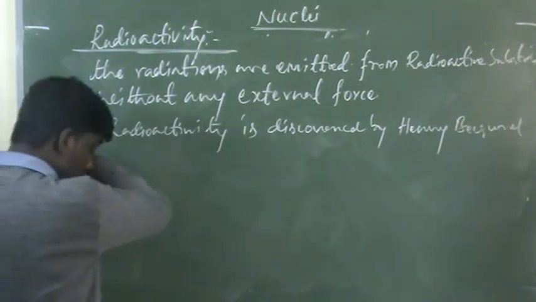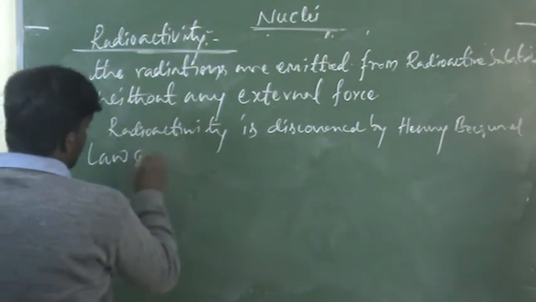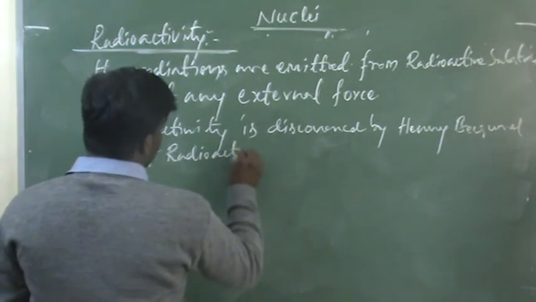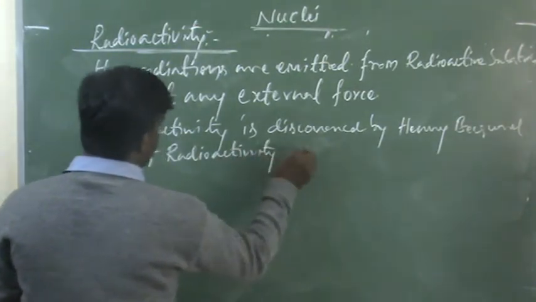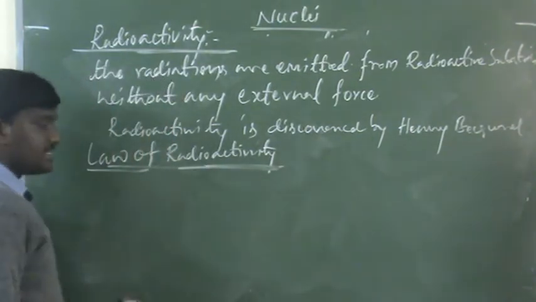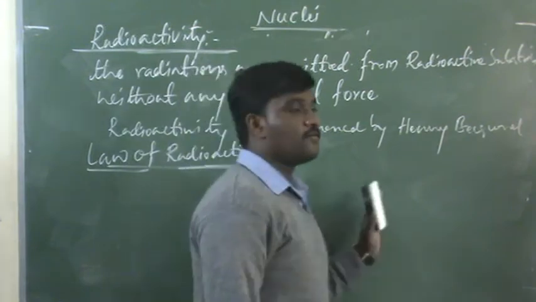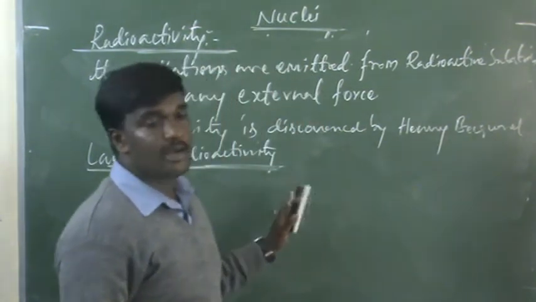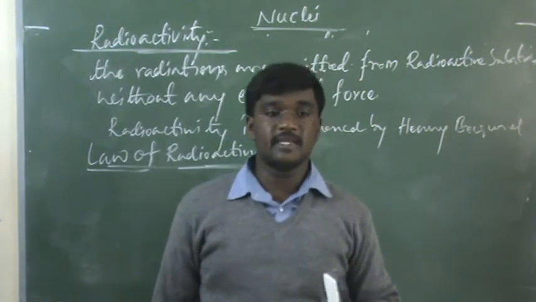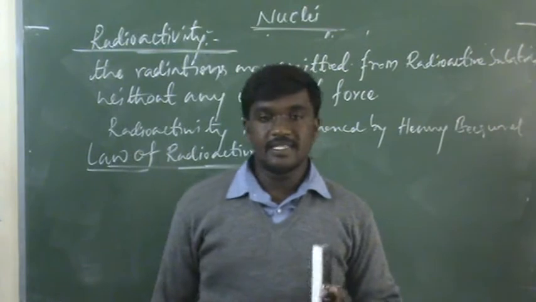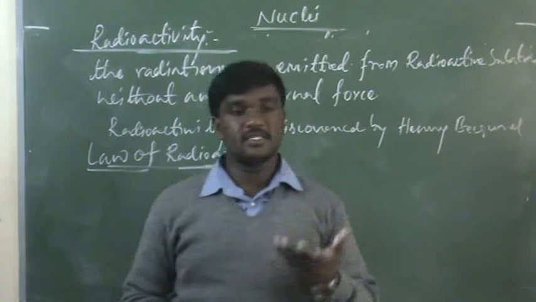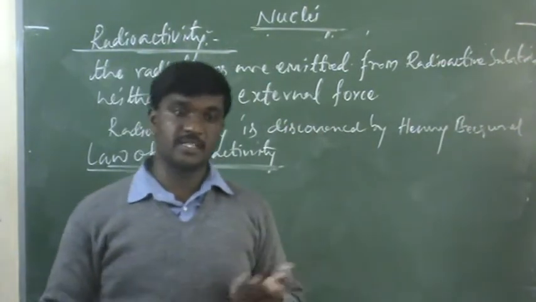And the law of radioactivity. It states that the rate of decay of radioactive substance. Rate of decay means disintegration. Disintegration means it decreases, the emitting of radiations from the substance.